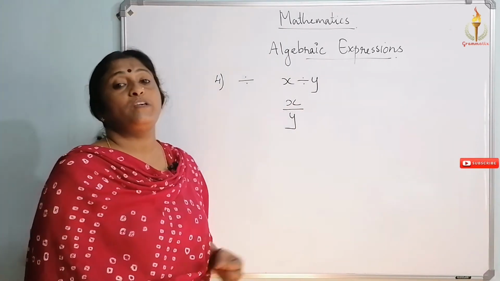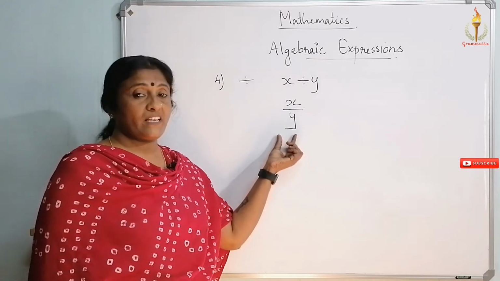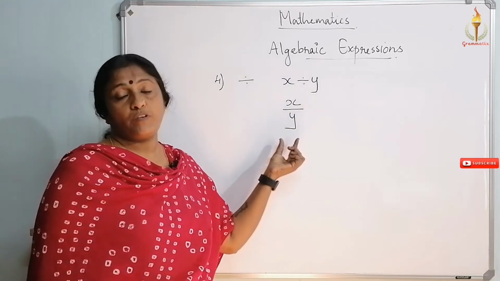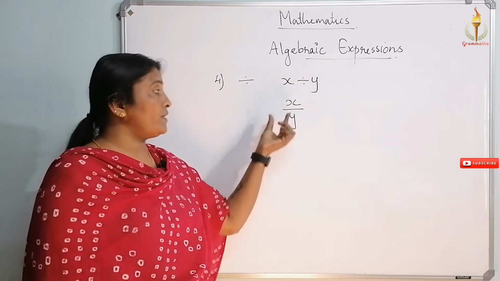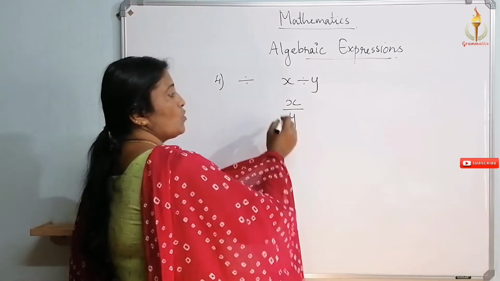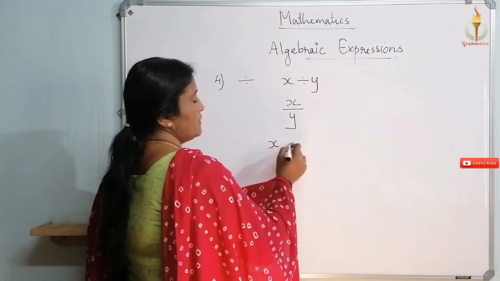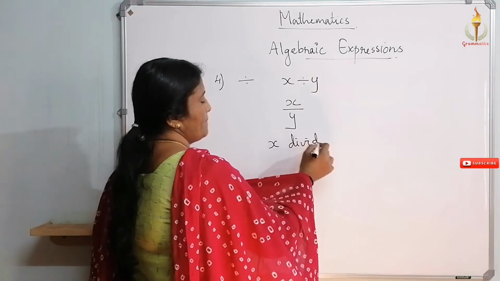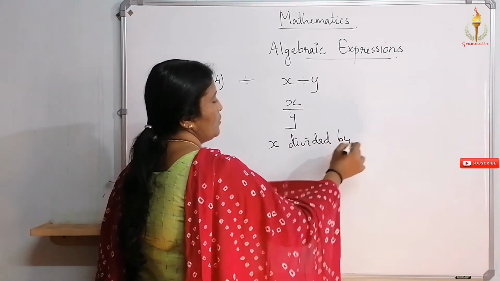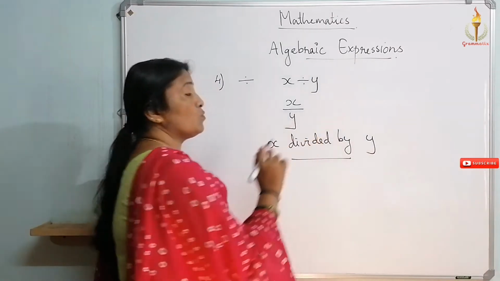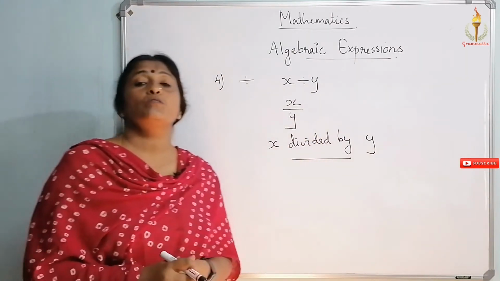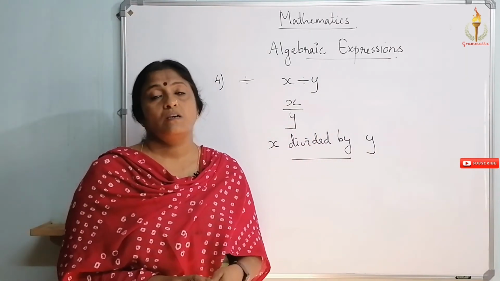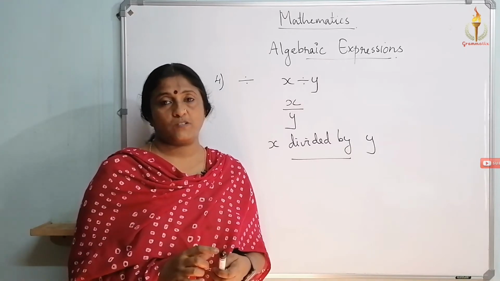So this is what we use in algebraic expressions. Instead of the symbol, we use a numerator and denominator, and this is what x divided by y means. So this is how the 4 operations are used in algebraic expressions.